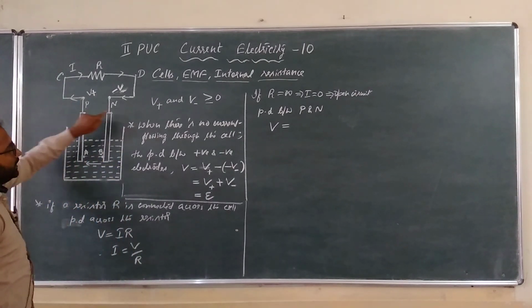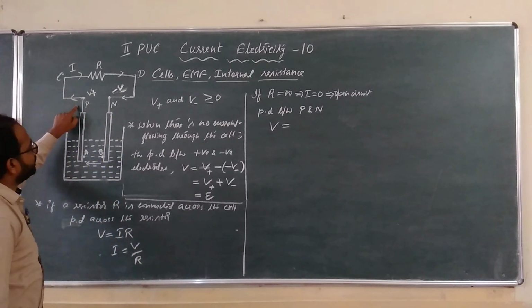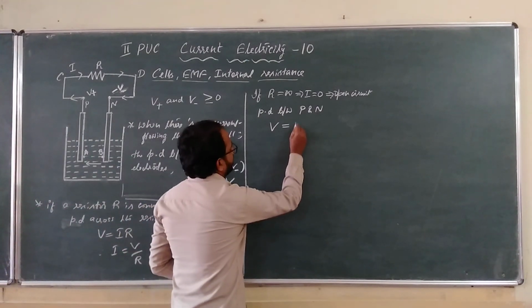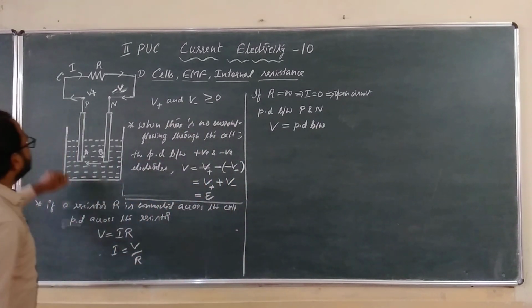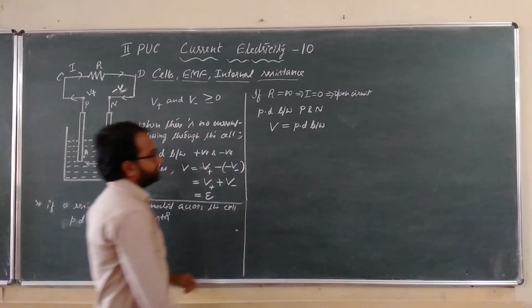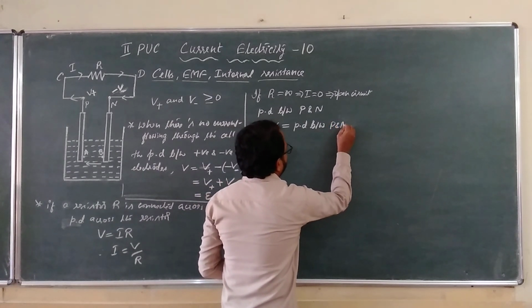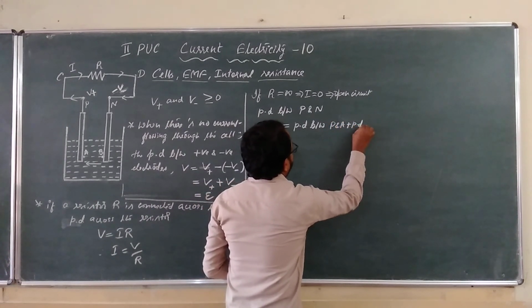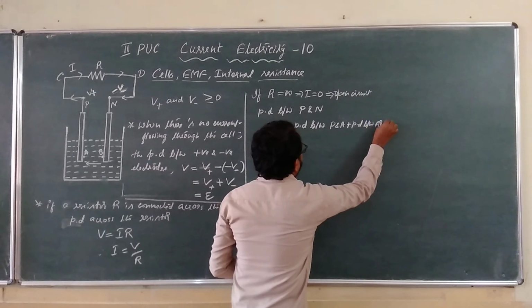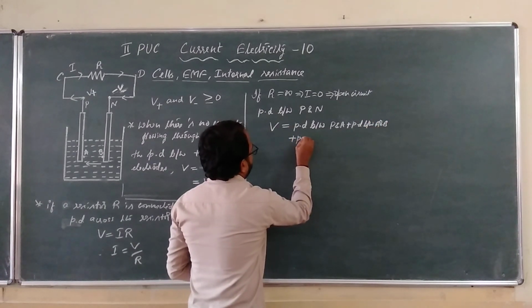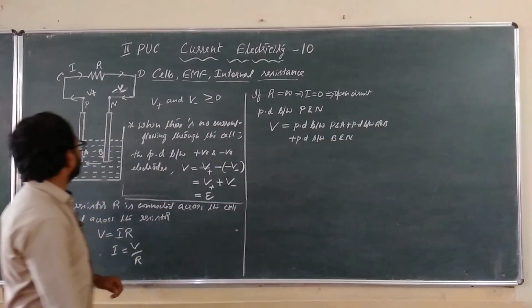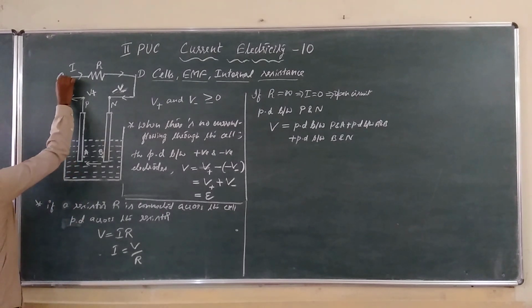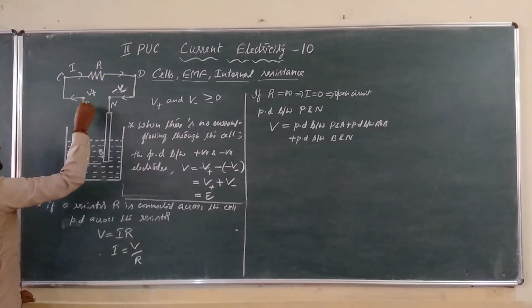The potential difference between these 2 electrodes, between P and N, is equal to the potential difference between P and A plus the potential difference between A and B plus the potential difference between B and N. See, the potential difference across R is equal to the potential difference between P and N, right?